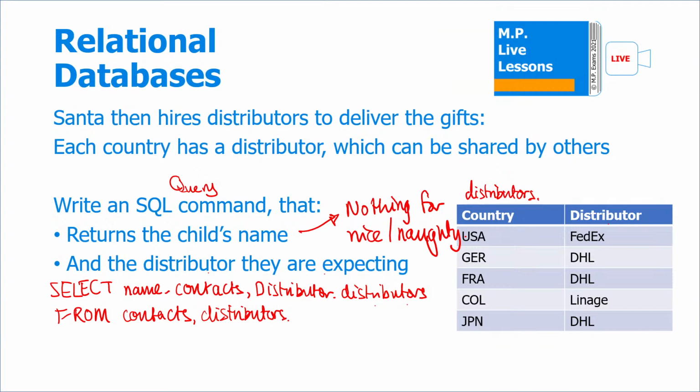And you essentially want to match the country here to what the child has. And you do that by the country that's in the contacts is equal to the country in the distributors.